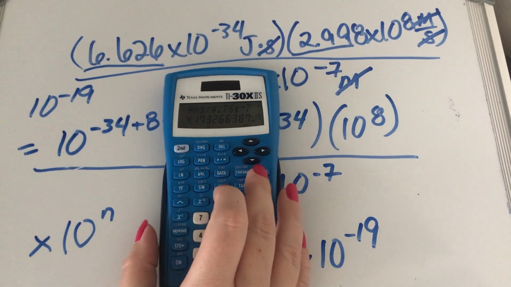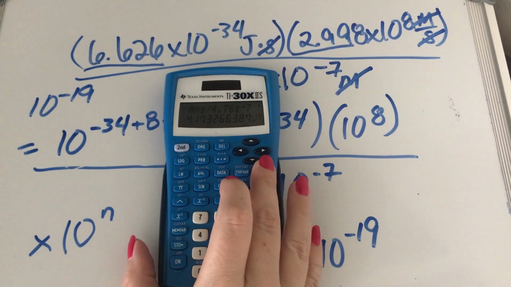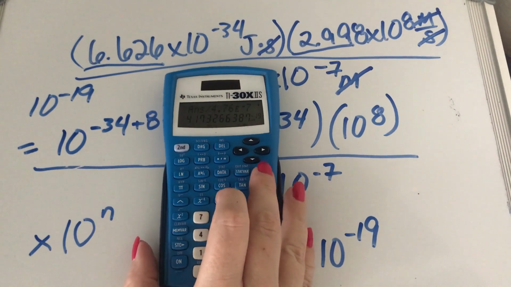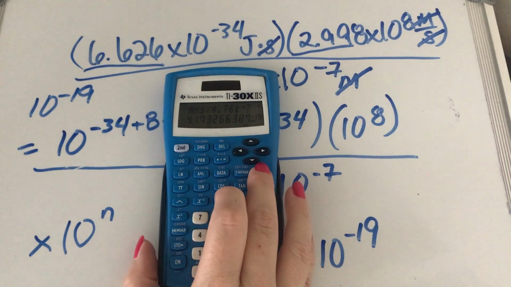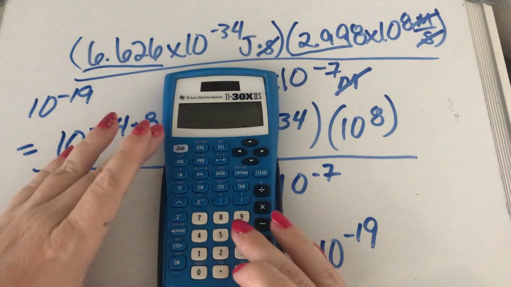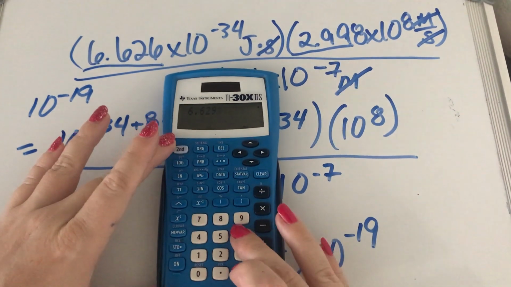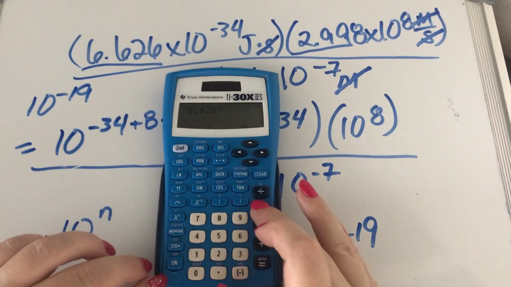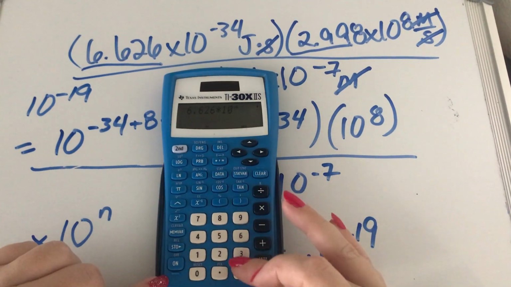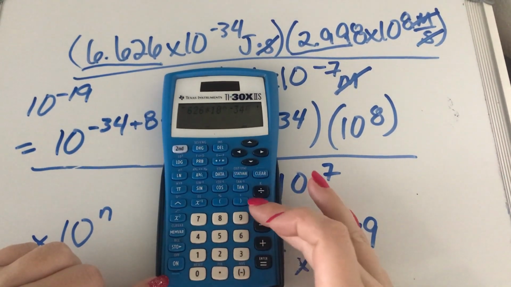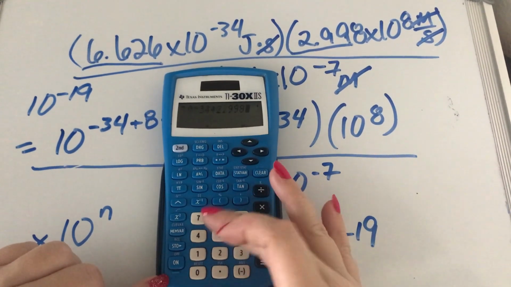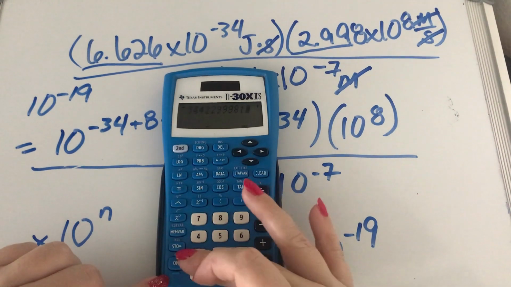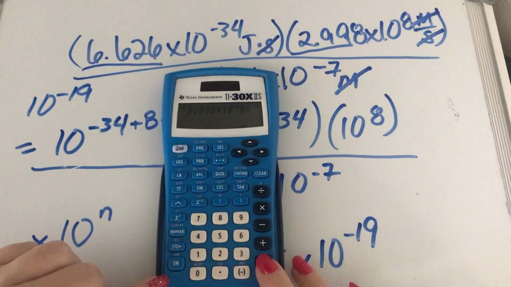Now, I just want to show you guys really quickly what it would look like if I did this incorrectly, okay? So don't do it this way, but I want to show you that we wouldn't get the same number. So if I did 6.626 times 10 to the negative 34 times 2.998 times 10 to the 8th. Ooh, this one was smart.